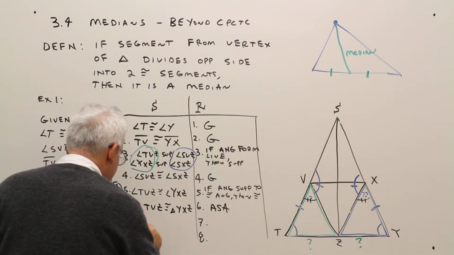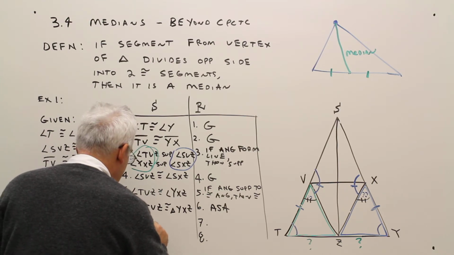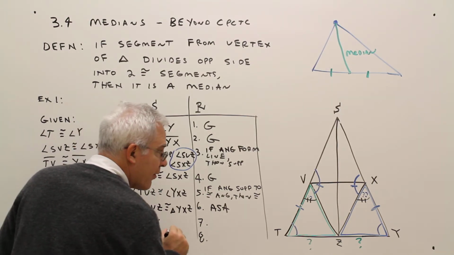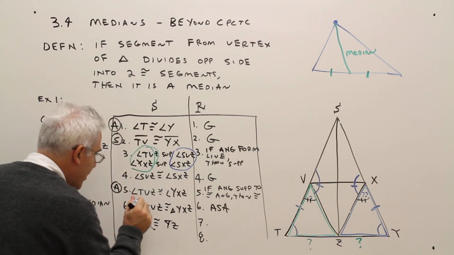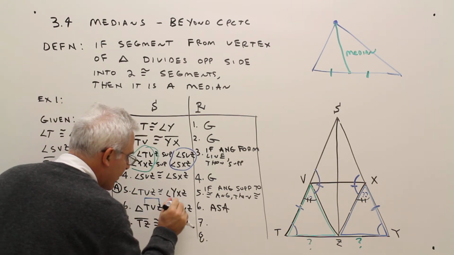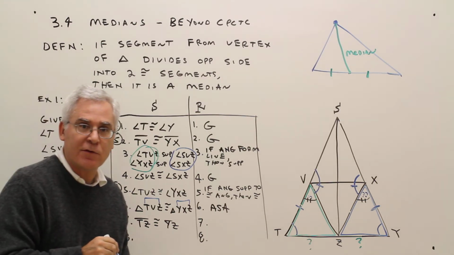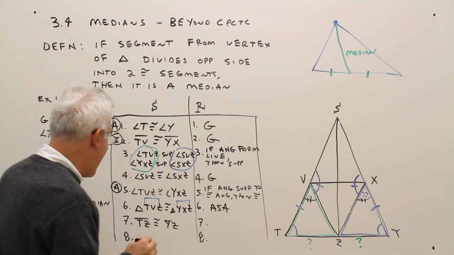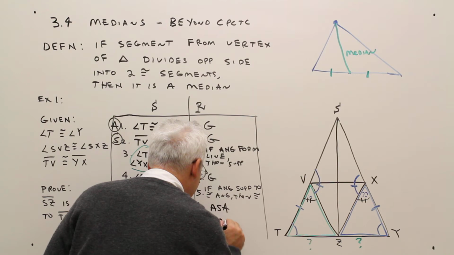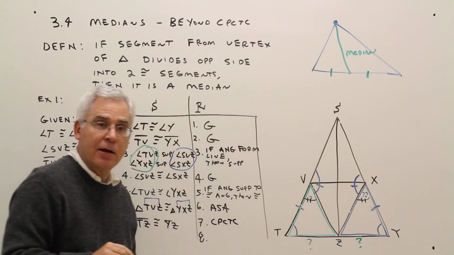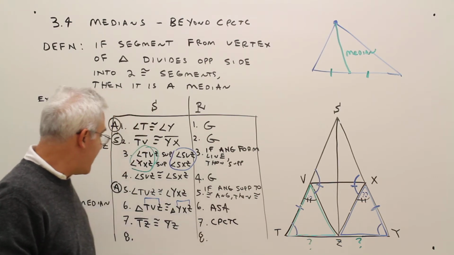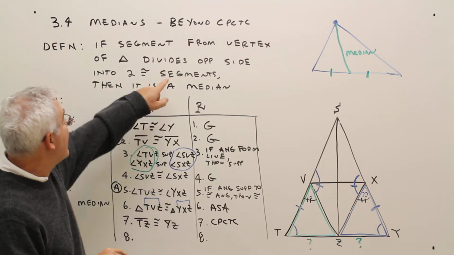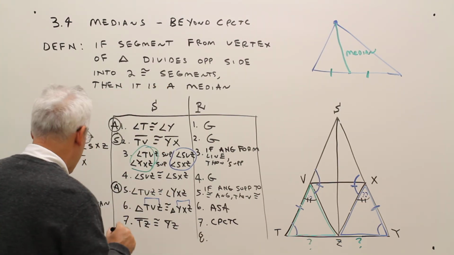So now I can get TZ to be congruent to YZ. I always do a quick check. TZ's first and last, YZ's first and last. Just helps me check my ordering. That was by CPCTC. Again, corresponding parts of congruent triangles are congruent. And once I get this, now I can use my definition.